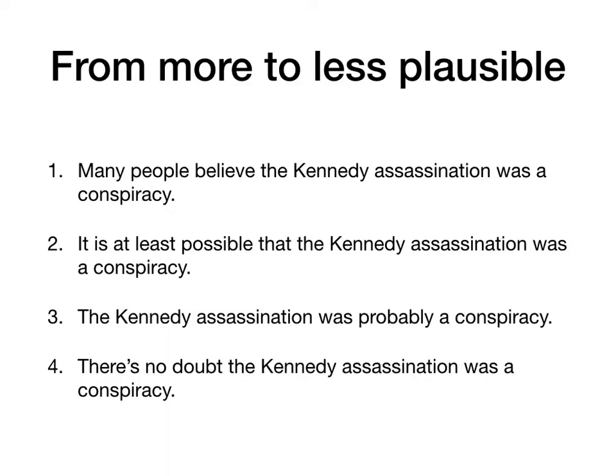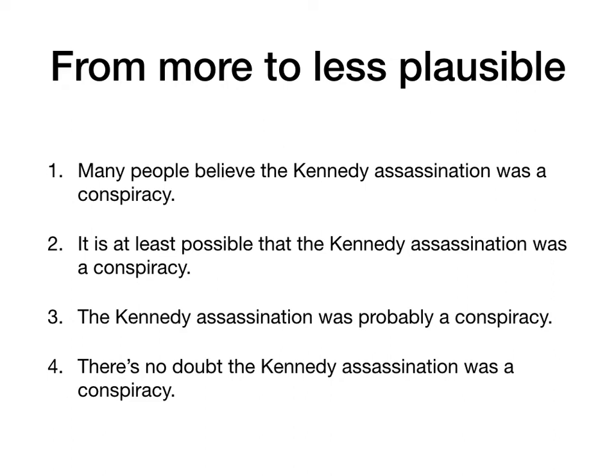Anyway, I think just a few examples will make this more concrete, right? From more to less plausible, or from least to most controversial. Many people believe that the Kennedy assassination was a conspiracy. That's just true, right? I forget the numbers, but I think it's well over 40%. I don't personally think it was, but a lot of people think it was.